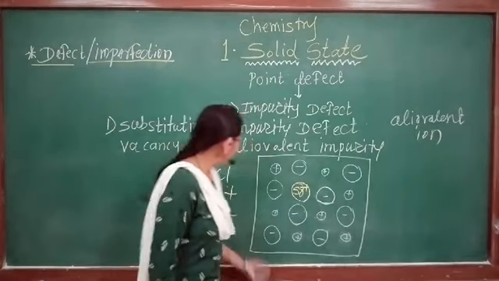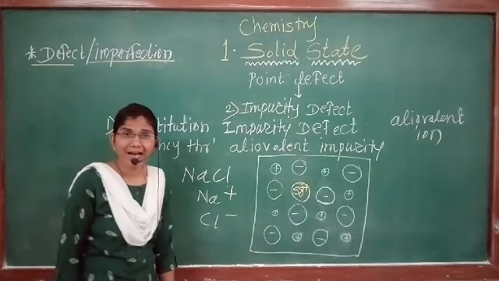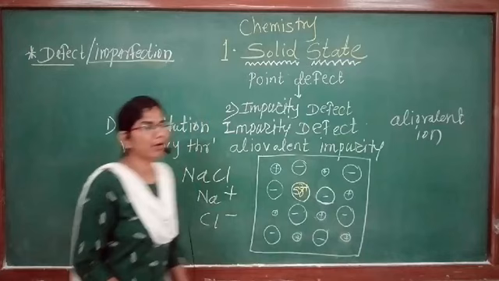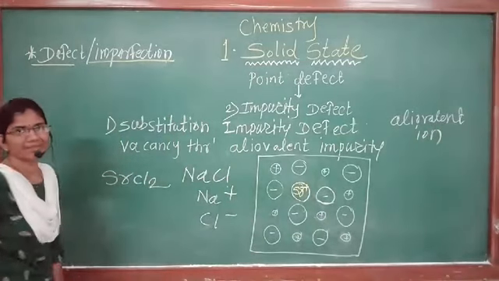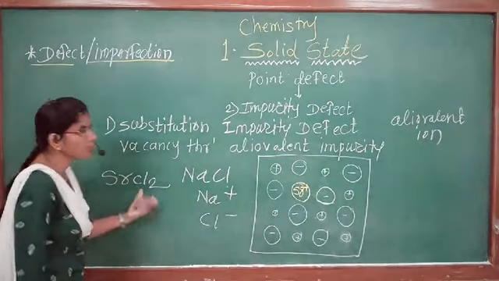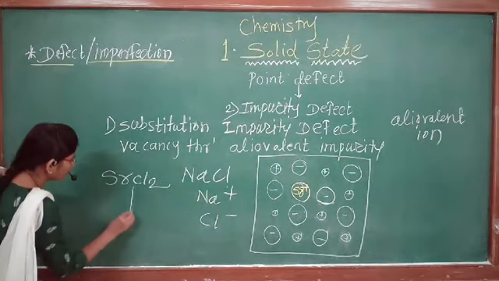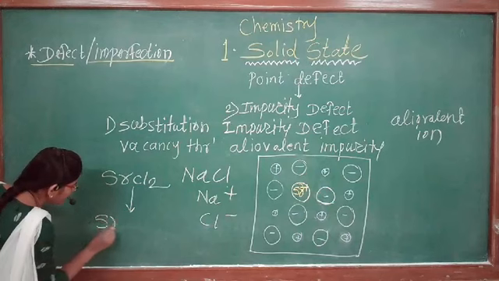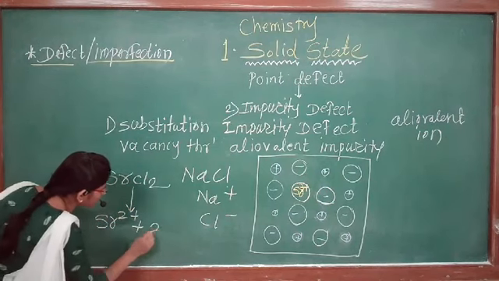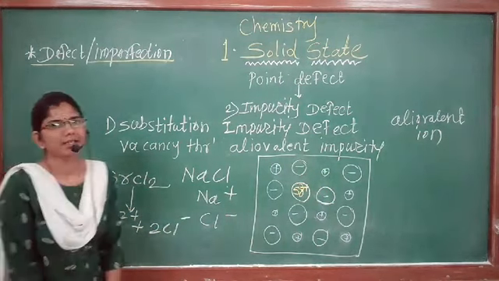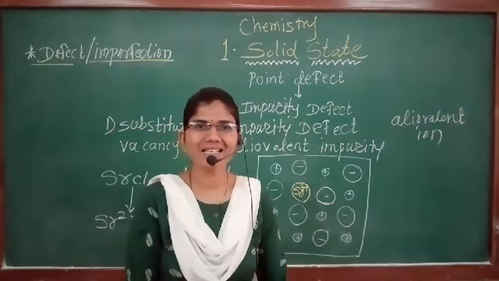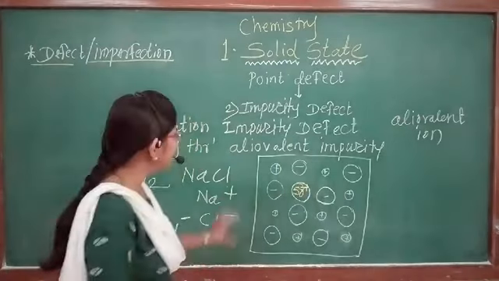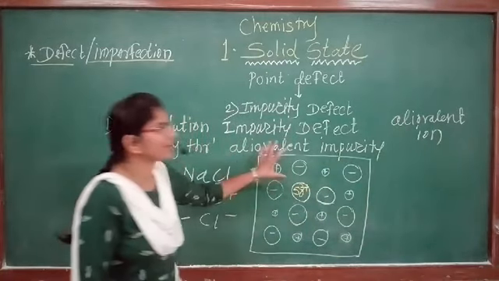In the NaCl crystal, if we add some small amount of SrCl2, strontium chloride, the strontium chloride produces the ions Sr2 plus and 2Cl minus. Here a small amount of impurity like SrCl2 is added to this NaCl crystal.